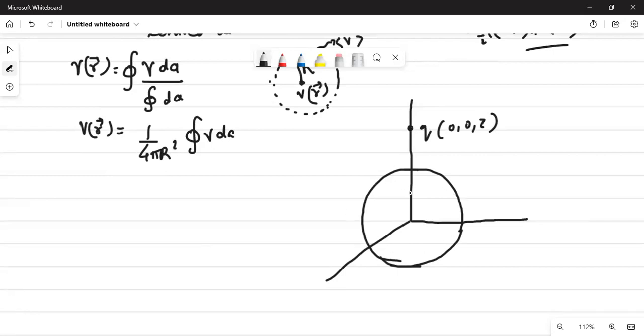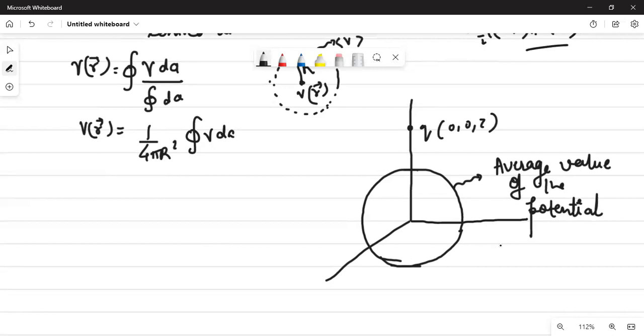How are we going to find the average value of potential over the spherical surface due to point charge q?